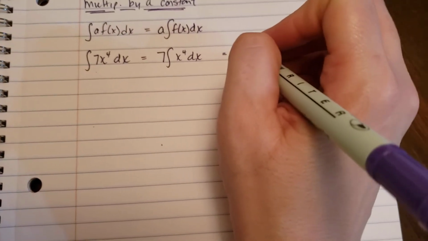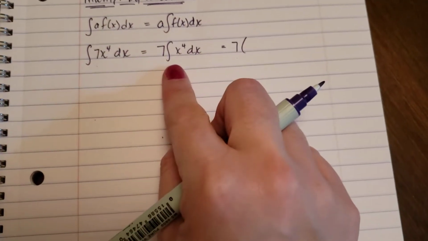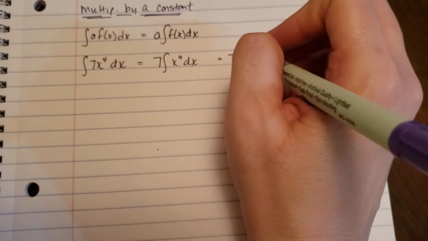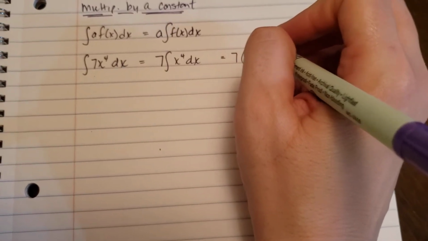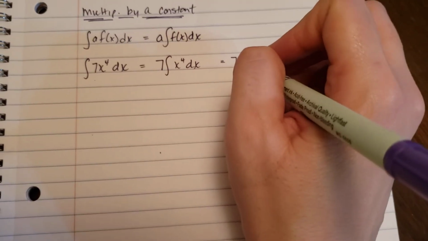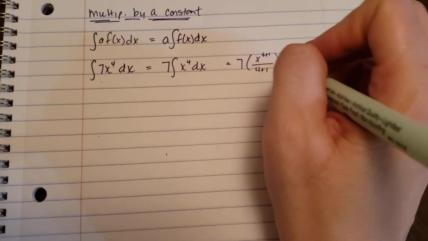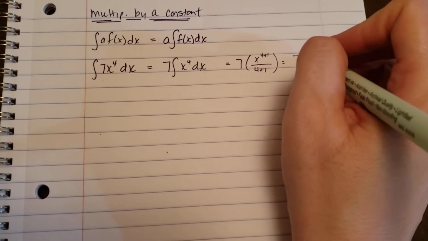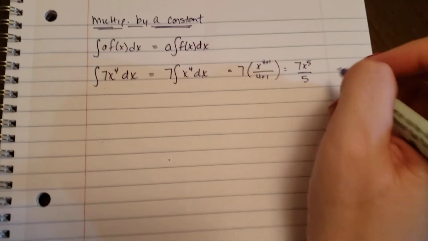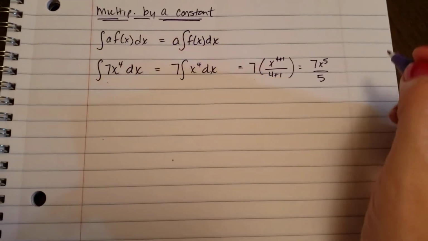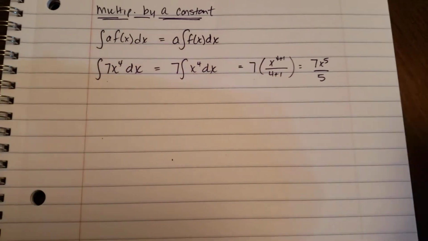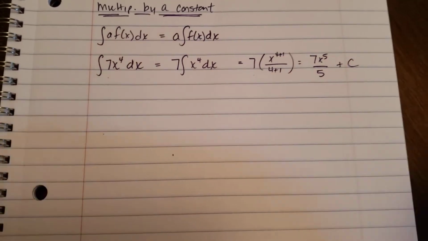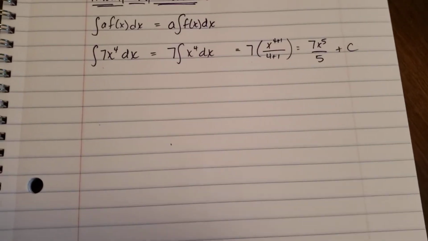And so you can write that as 7 times x to the 4 plus 1 power over 4 plus 1, or 7x to the 5th power over 5. And the 7 and the 5 don't cancel out, or they can't be reduced, so just say 7x to the 5th power over 5, and then of course we put plus c.